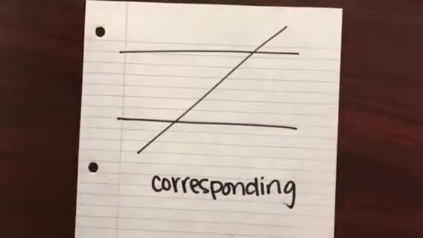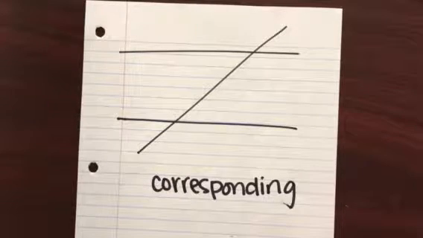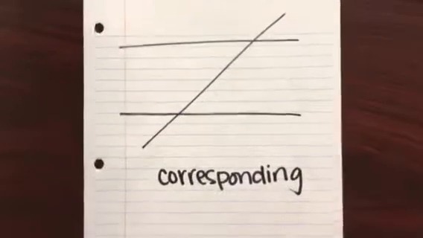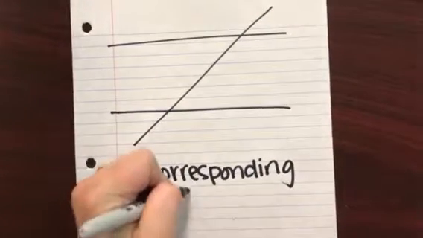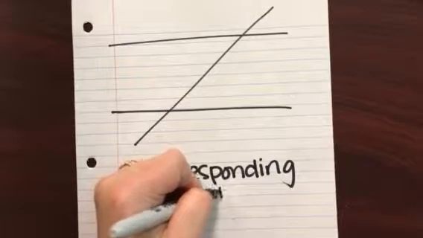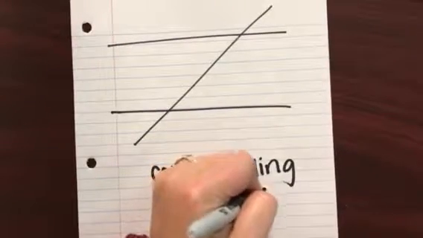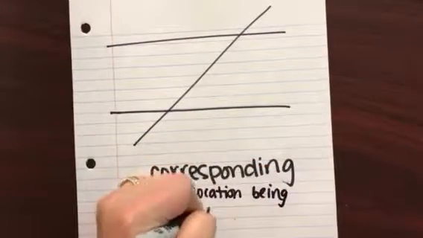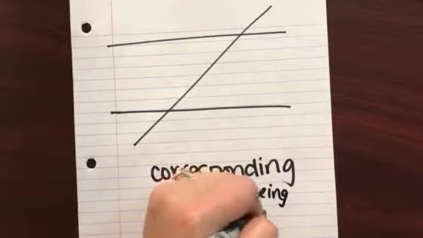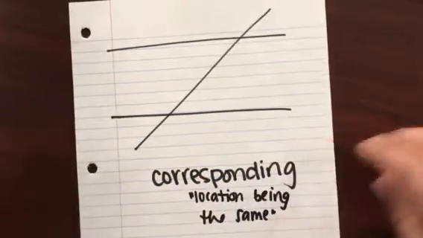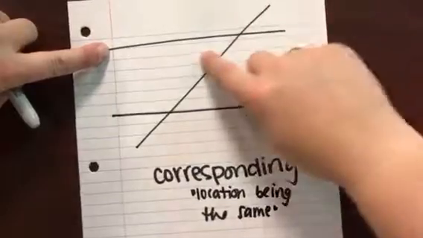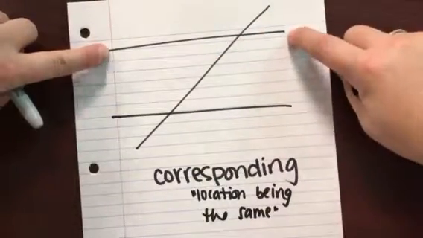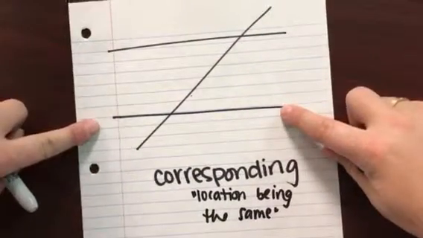Now, the next type of angle that we have are going to be corresponding. Now, these don't have a limit in terms of it must be within this place or it must be outside of this place. But what corresponding is going to associate with is location being the same. And what I mean by that is we're going to look at where this intersecting line crosses our parallel line number 1 and where it crosses parallel line number 2.